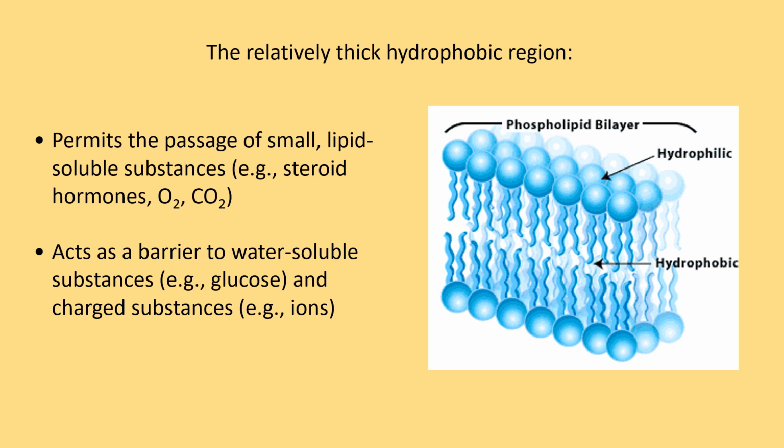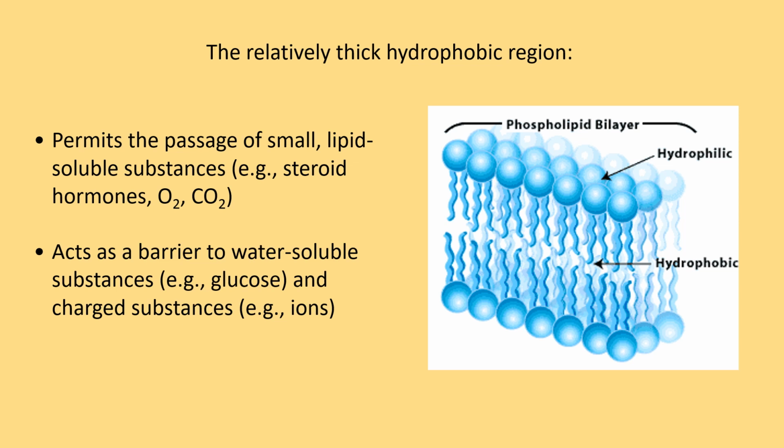So this relatively thick hydrophobic region in the middle does allow small fat-soluble substances to pass through quite easily. It's very inviting to a tiny hydrophobic substance like oxygen molecules, carbon dioxide molecules, steroid hormones.